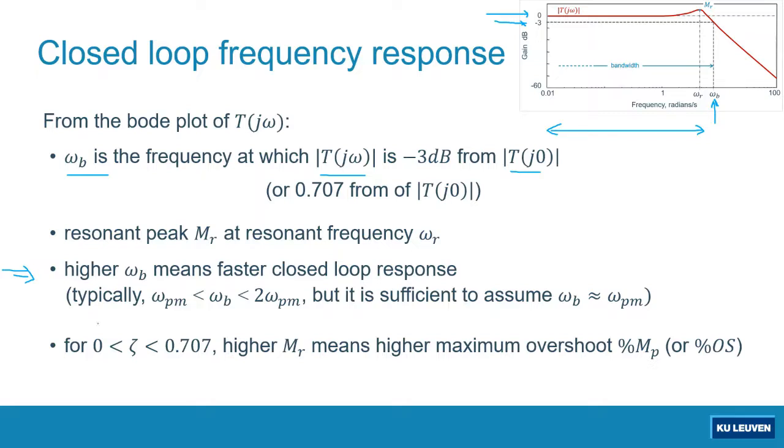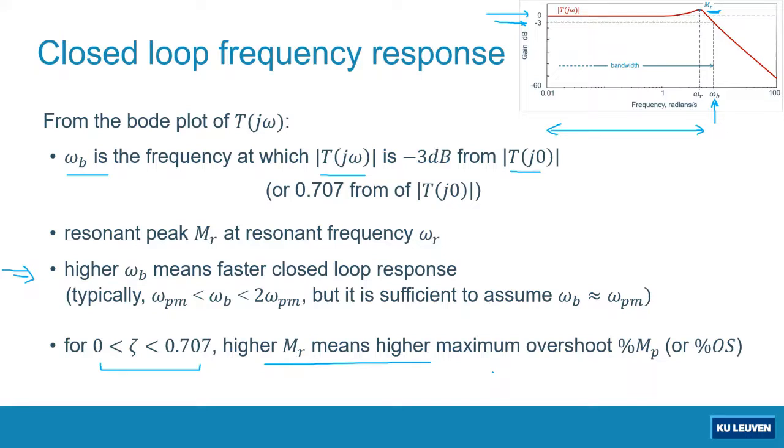In particular here, for zeta between 0 and 0.707, we will have the peak of MR here. The higher the MR, the higher the maximum overshoot.